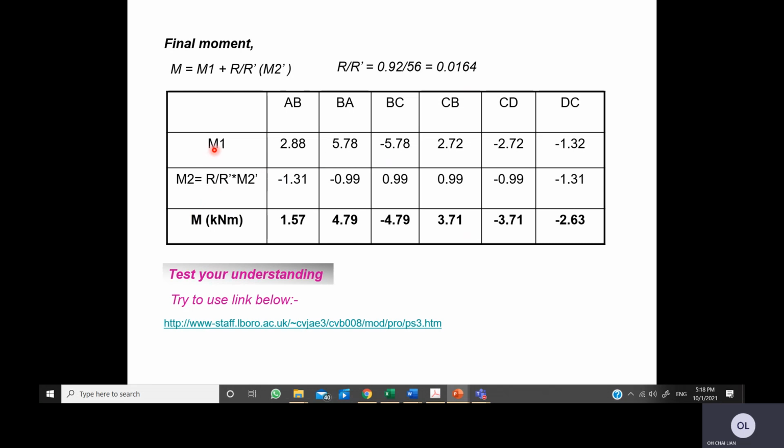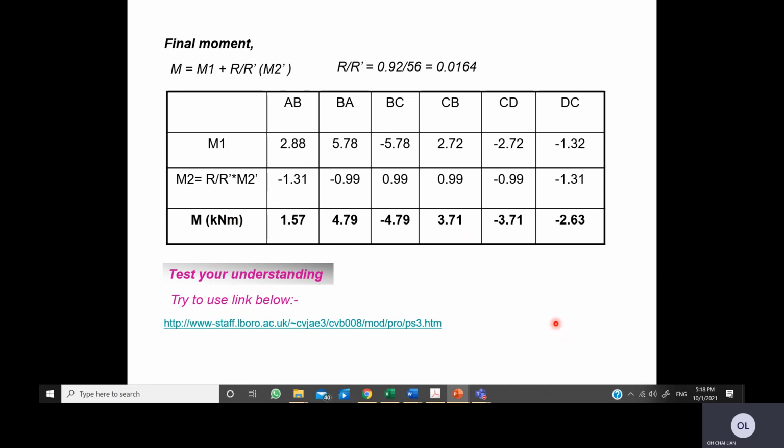Then just sum these moments from the stage 1 analysis and stage 2 analysis. This will be your final moments. Once you get the final moments, you want to determine the support reactions or get the bending equations. That will be the subsequent work.